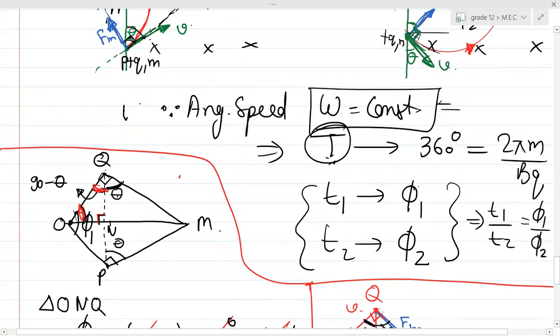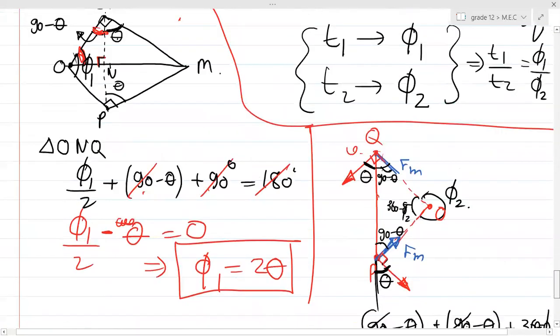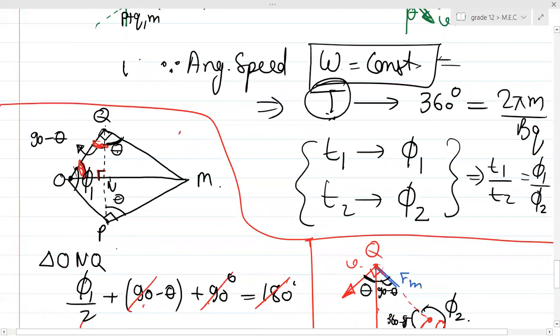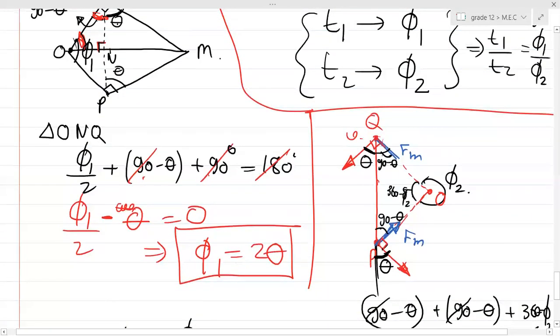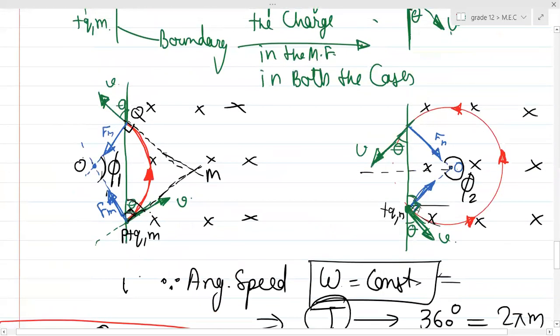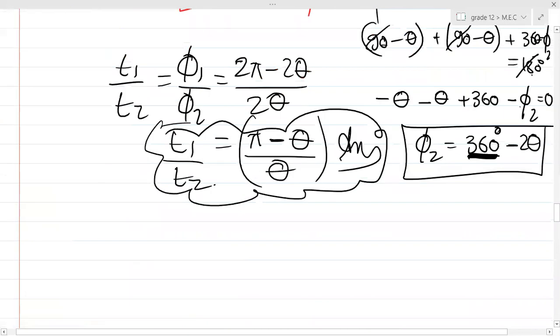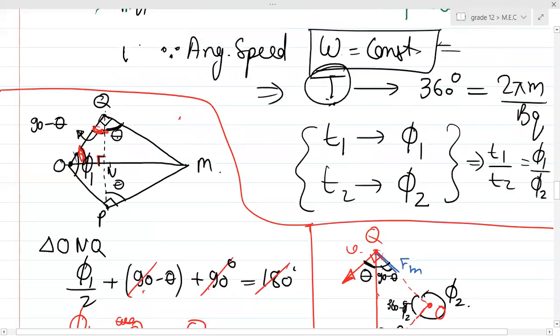So T1 will be proportional to phi 1, T2 will be proportional to phi 2. So the ratio came to be equal to phi 1 by phi 2. After that, the only task was to find phi 1 and phi 2 using geometry. So in the first case, a quadrilateral OQMP is being formed. We drew the quadrilateral, and then this angle was theta, this angle was theta, so this became 90 minus theta, and this became phi 1 by 2.